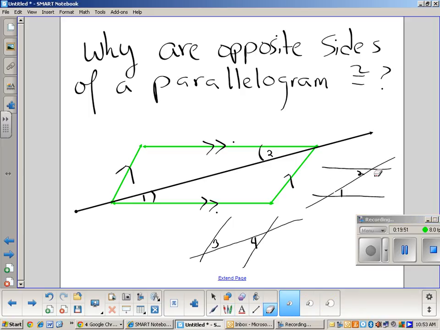Okay. So 3 and 4, so I could say angle 3 and 4 are also congruent. Backing up to think about the ways we prove triangles are congruent. Okay?